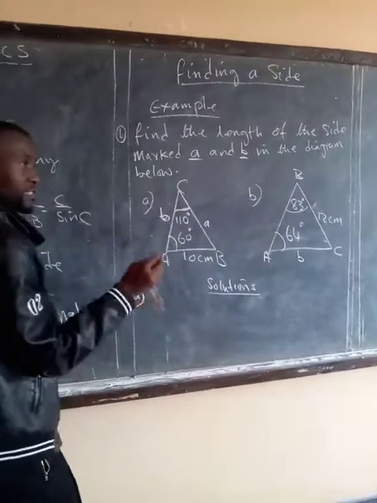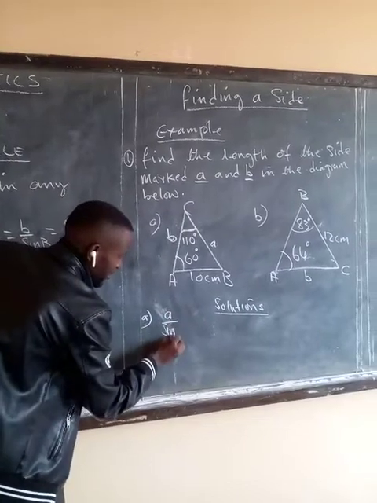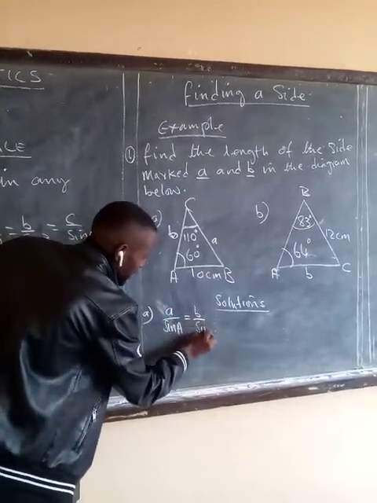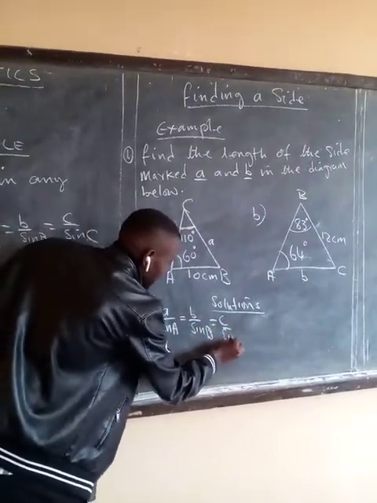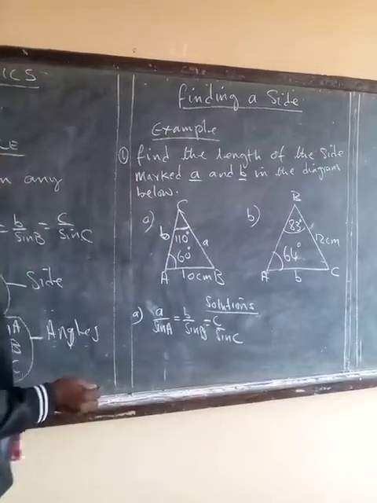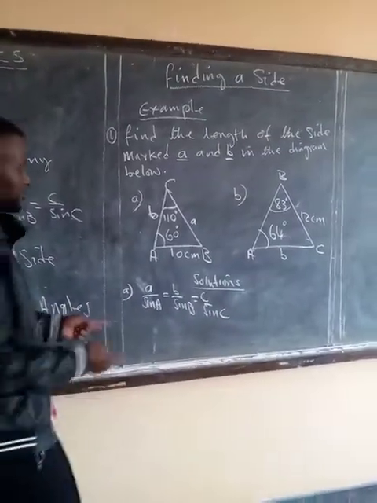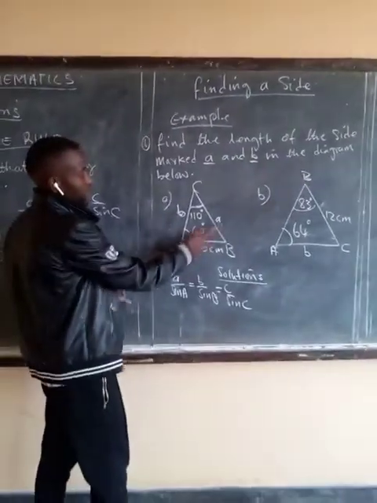We just have to write the formula: a over sine A is equal to b over sine B is equal to c over sine C. Once you write the formula like this, the way to go is just to replace. What is my side a? I don't know.